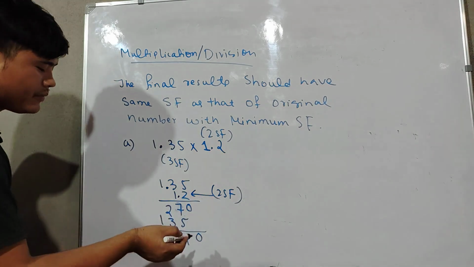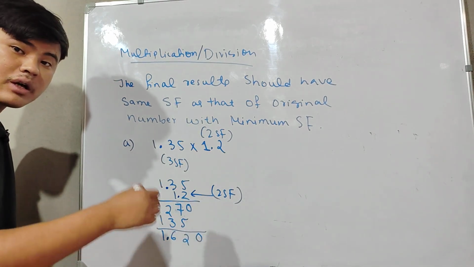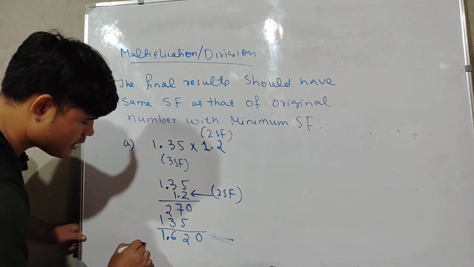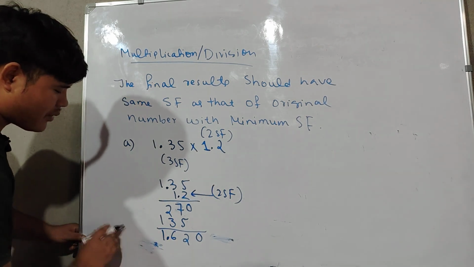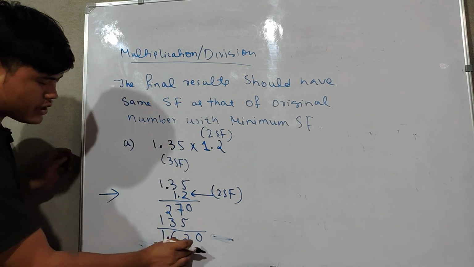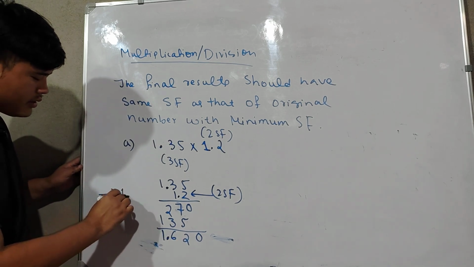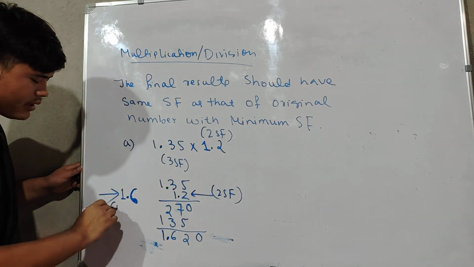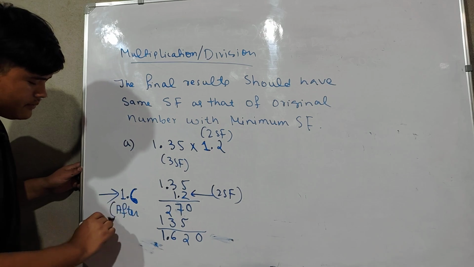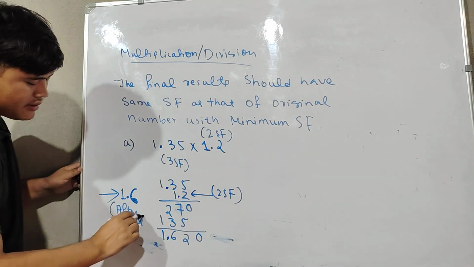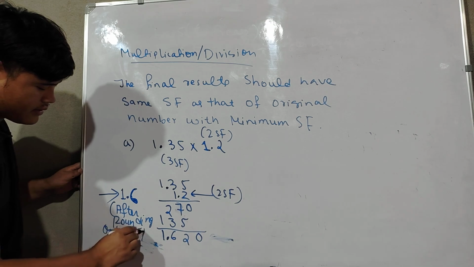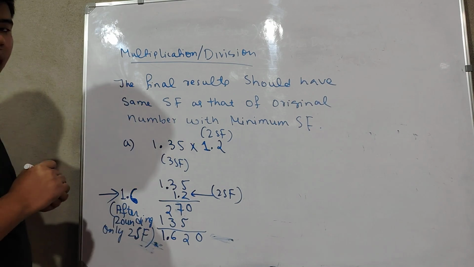So after rounding off, this 1.620 will become 1.6. So this is our answer. After rounding, only two significant figures we should have.